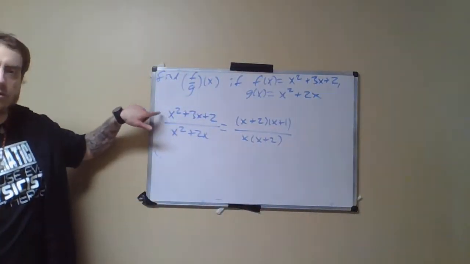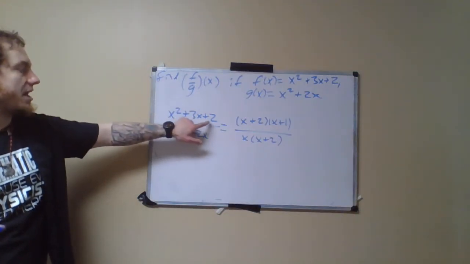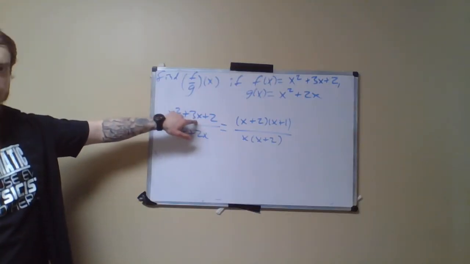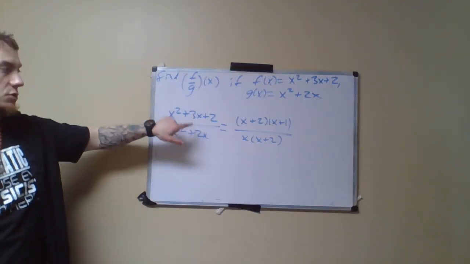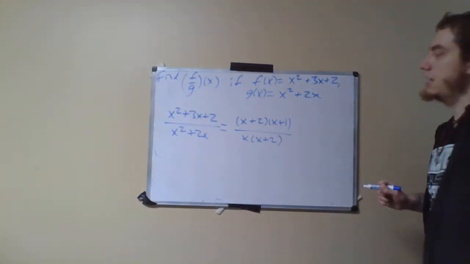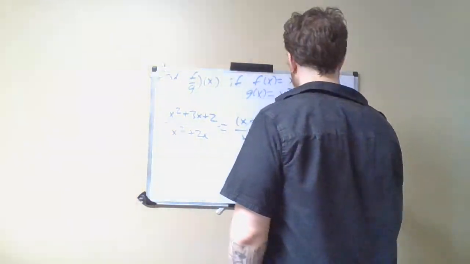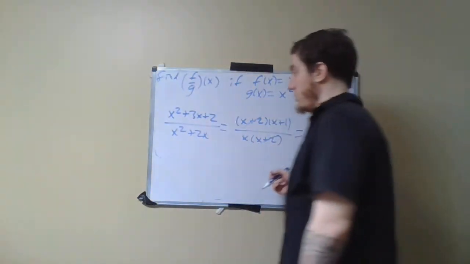Remember, if you need to factor something whose leading coefficient is 1, you just need a pair of numbers that multiply to the constant and add to the coefficient of x. So 2 and 1: 2 times 1 gives me 2, 2 plus 1 gives me 3, that's my factorization. And now I can cancel these x plus 2's and say this is x plus 1 over x. So there we go, a nice simple expression here.